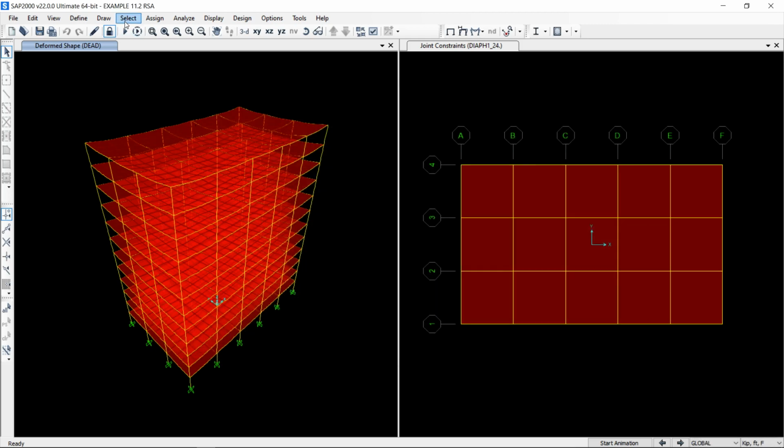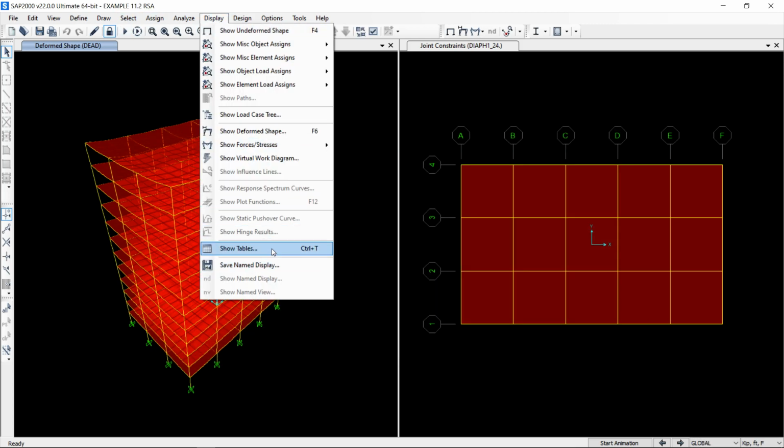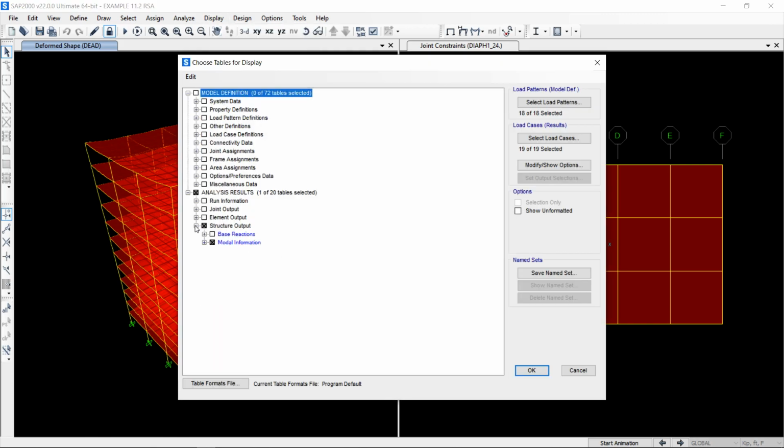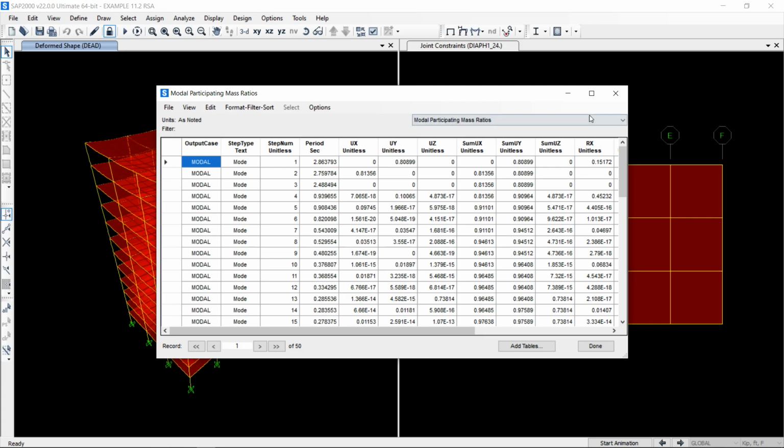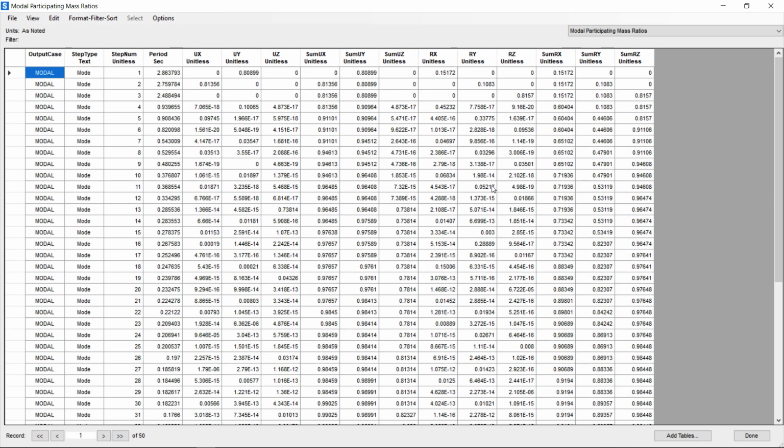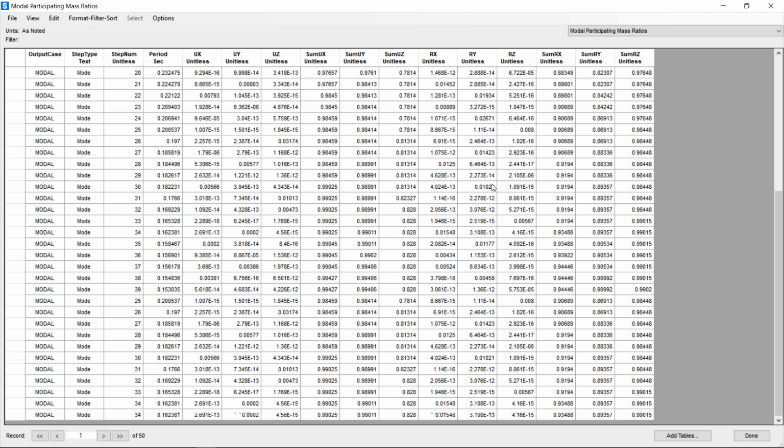We can see the modal participation mass ratios over here. When we reach the 50th mode, it is almost 99%.